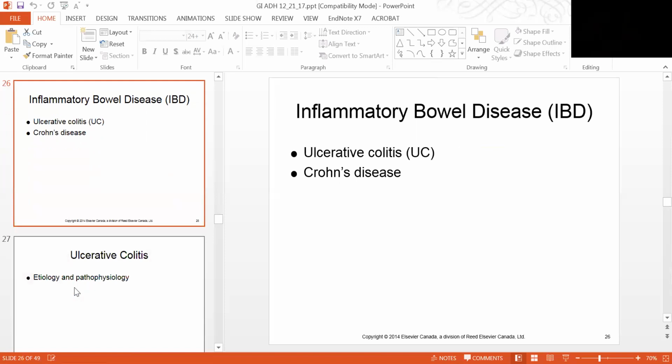It refers predominantly to two disorders, one being ulcerative colitis and the other being Crohn's disease. Both of them are characterized by idiopathic inflammation. So there's inflammation from some unknown reason, and it causes ulceration. And it's often multifactorial, with multiple causes, not just genetics.